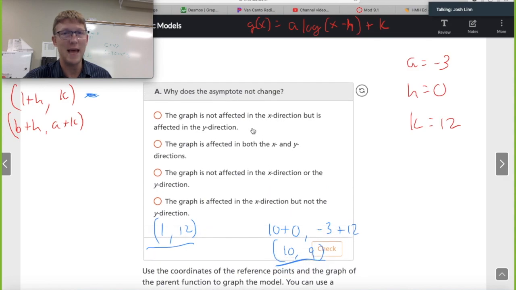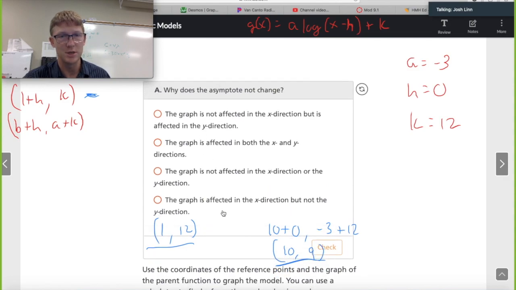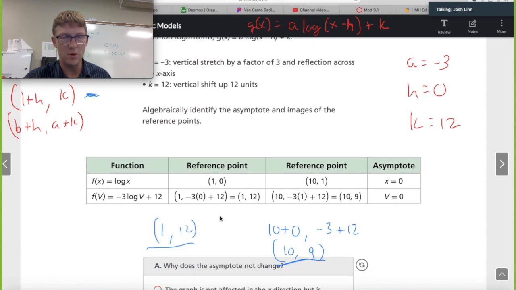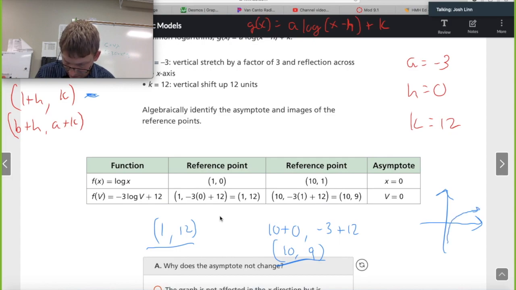So why does the asymptote not change? If we think about the graph of this, it was vertically shifted, but it was not left or right shifted at all. Remember with logarithms, the parent function is something like this.